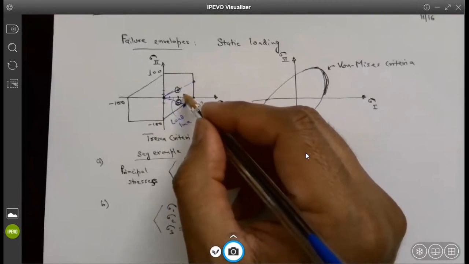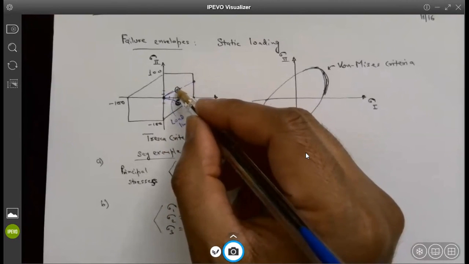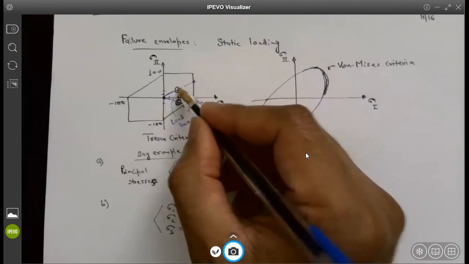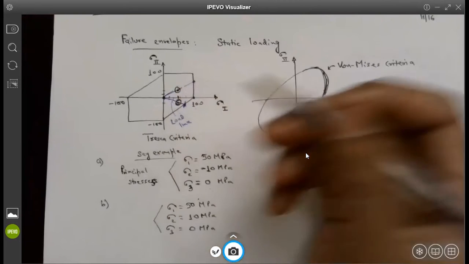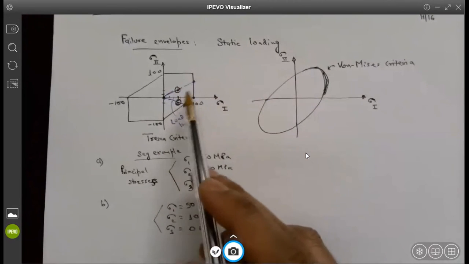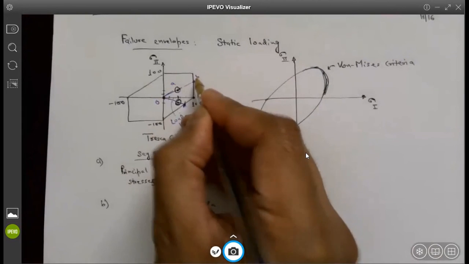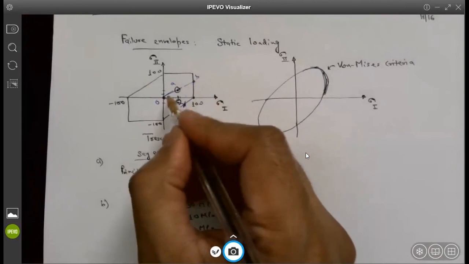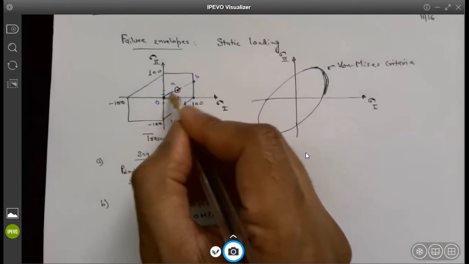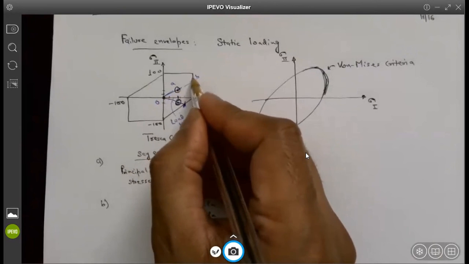Having a design scenario or loading scenario in the first quadrant versus the fourth quadrant will have different factors of safety. So one method of calculating the factor of safety is you plot these points, graphically estimate the distance from the origin to this point and from the origin to the point where it intersects the vertical axis.